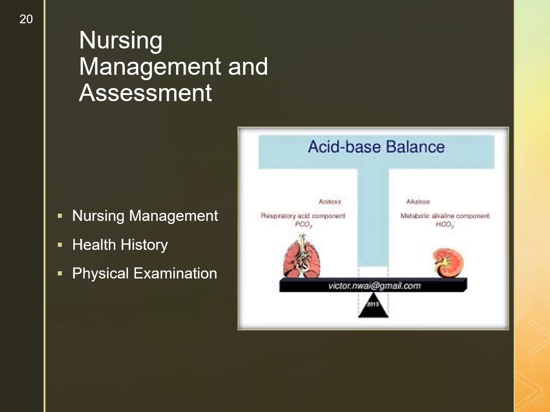With the health history, make sure that we're getting a history of renal, endocrine, especially diabetes mellitus, or respiratory disease issues. Observe for symptoms of acid-base imbalances such as very deep or rapid respirations, anxiety, confusion, dizziness, lightheadedness, seizures, and weight changes. Determine what medications the client is taking, because we know those can lead to acid-base imbalances.